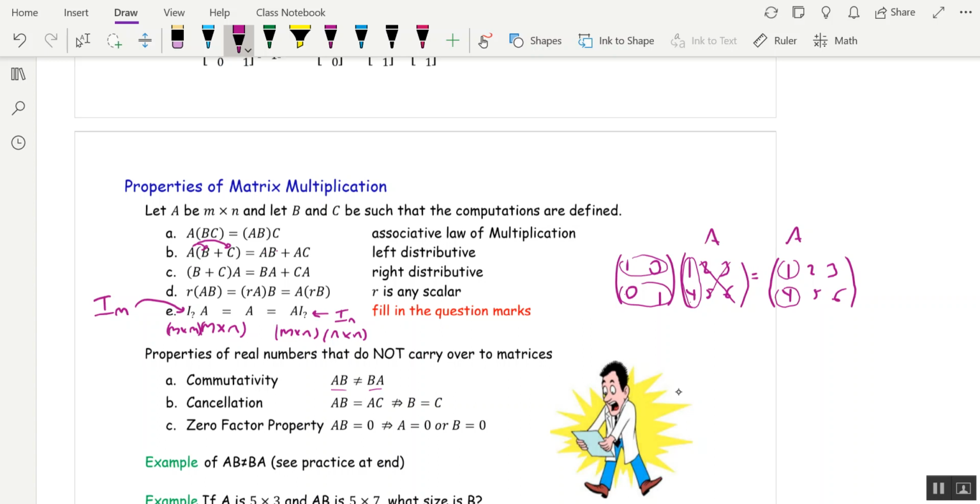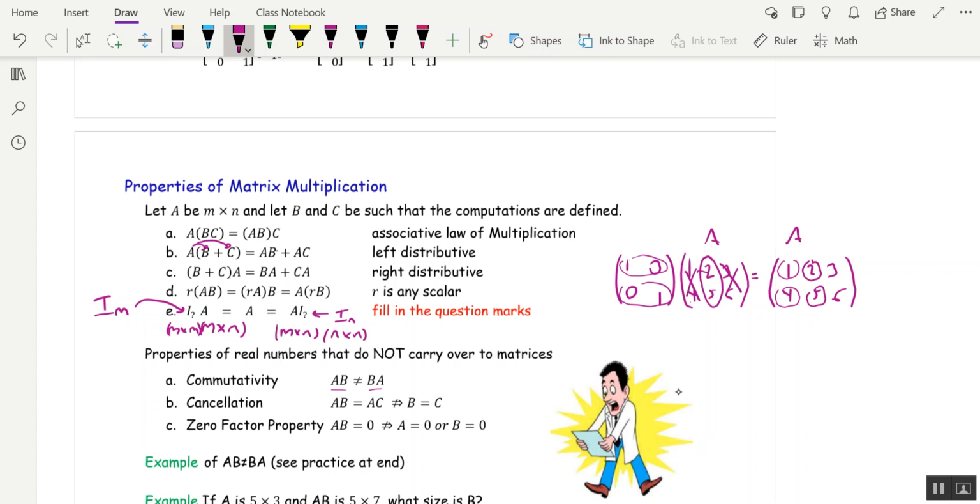Now I'm going to ignore the 1, 4. Let's see if I can erase that. 1, 2, 3, 4, 5, 6. Ignore this guy, focus in on this guy. Dot with the top row, get 2. Dot with the second row to get 5. And I'll let you verify that the third column works, but it's interesting.